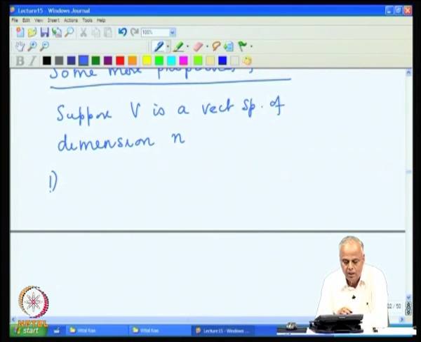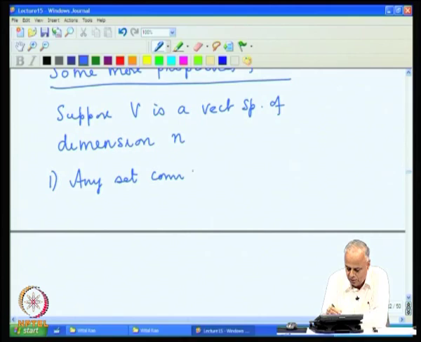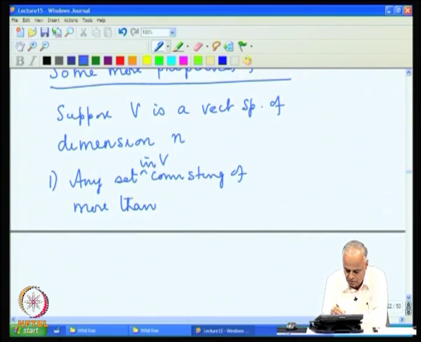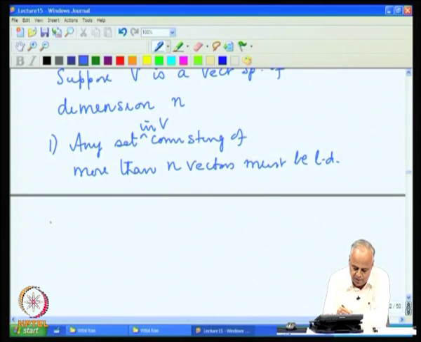Then we have observed that any basis must consist of n vectors, and the moment you have a basis consisting of n vectors, any set in V consisting of more than n vectors must be linearly dependent.